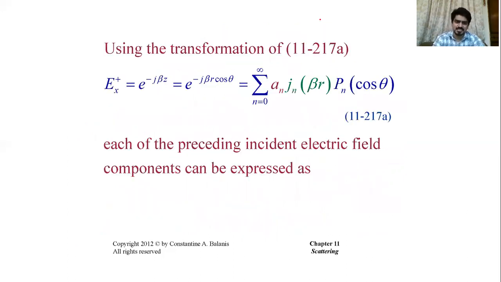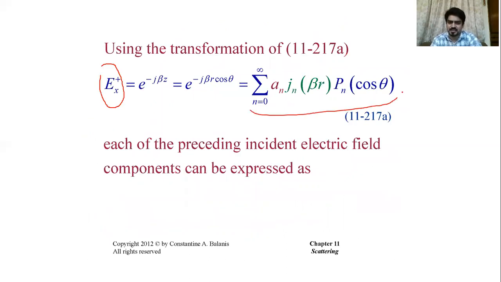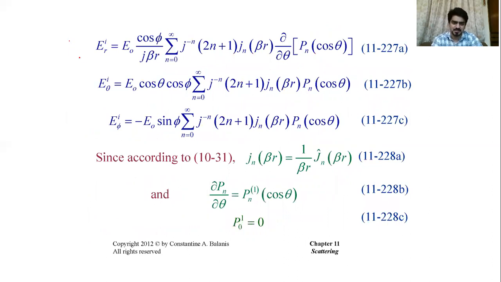So we will use that transformation. In these expressions, for Ex incident, we are going to substitute this infinite summation. When we do that, this will be your extended expression for Er, E theta, and E phi.